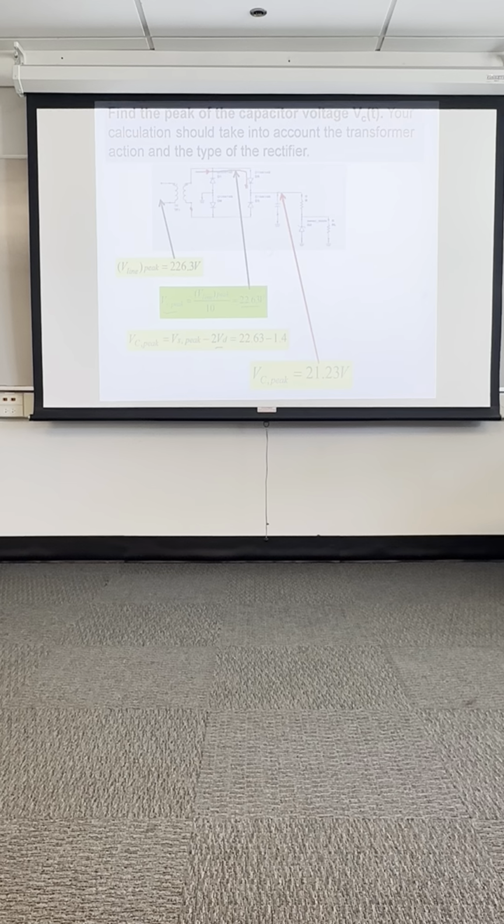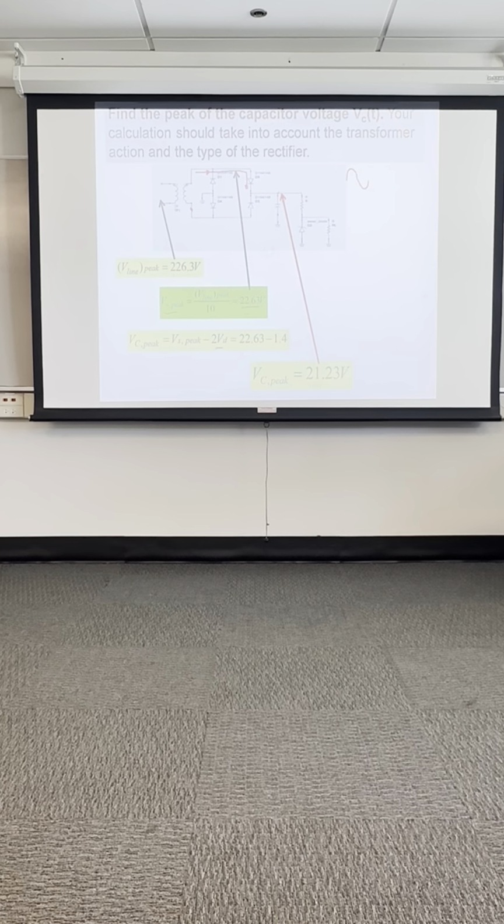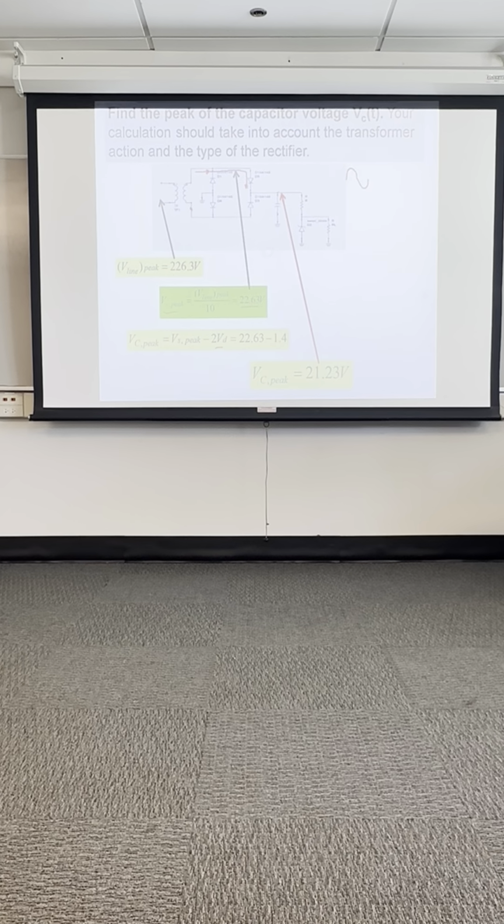So it has to complete the upper part and the lower part. We're on the upper part now. So we just completed this part. And notice this diode blocks the AC.